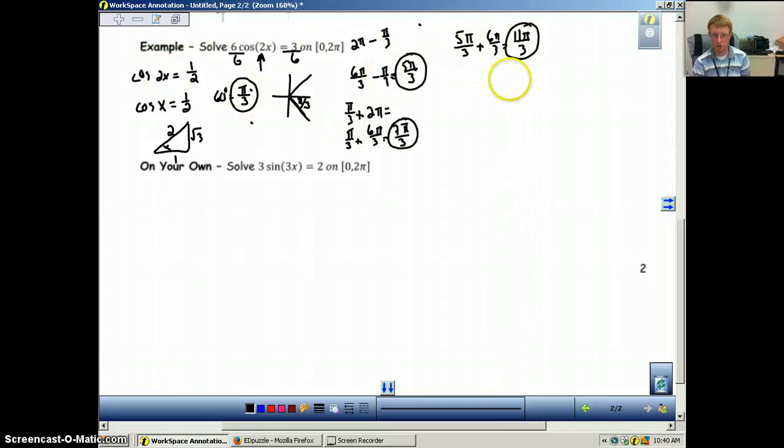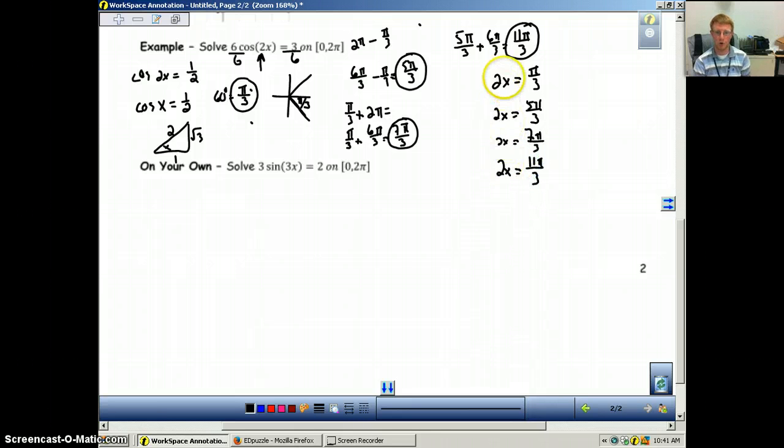Once we get the initial 4 angles, we're just setting up an equation for each one of these. 2x equals pi over 3. 2x equals 5 pi over 3. 2x equals 7 pi over 3. And 2x equals 11 pi over 3.